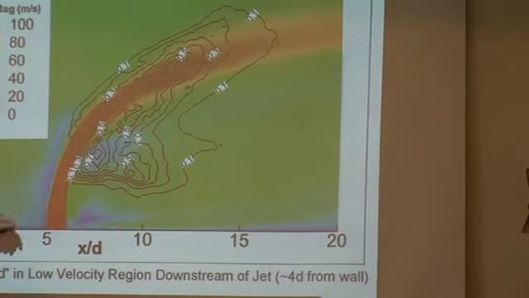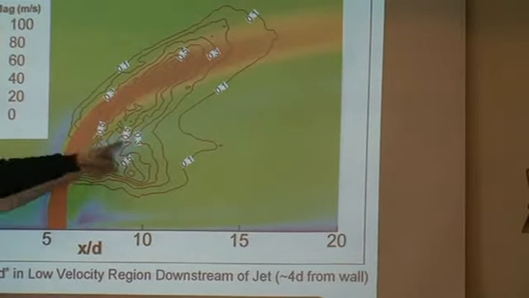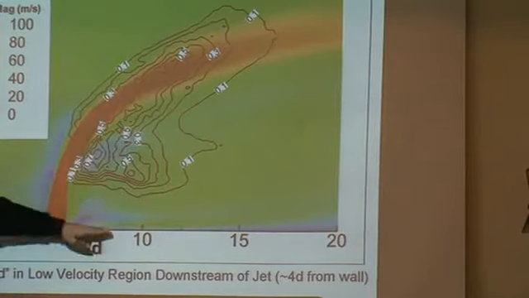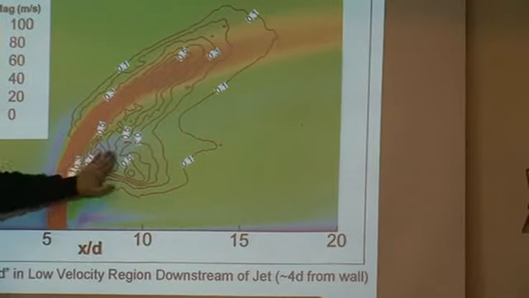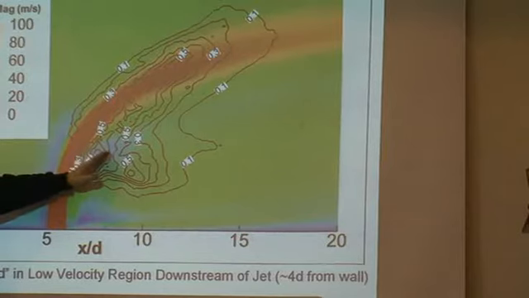So the low velocity region ahead, and then you have this recirculation region behind the jet, and then you have this kind of low velocity region away from the wall, so there is not much heat loss here. It's just behind the fuel plume, so it's probably fuel rich, and low velocity.